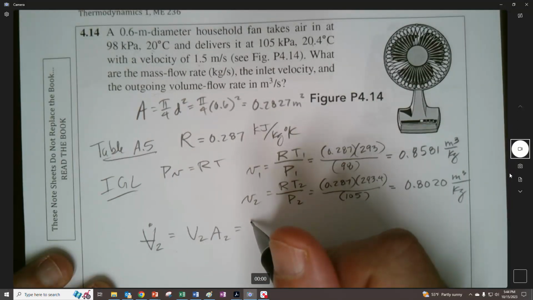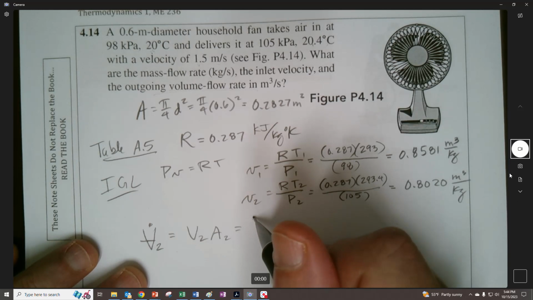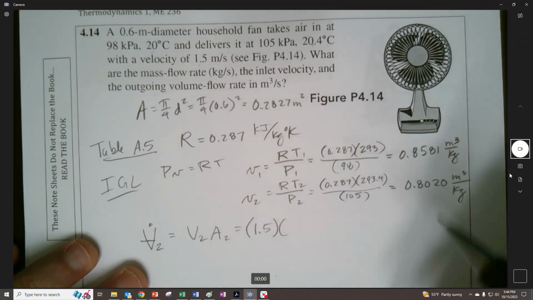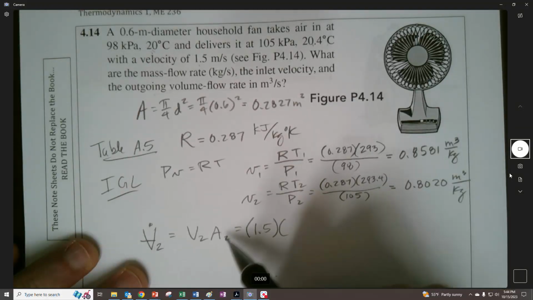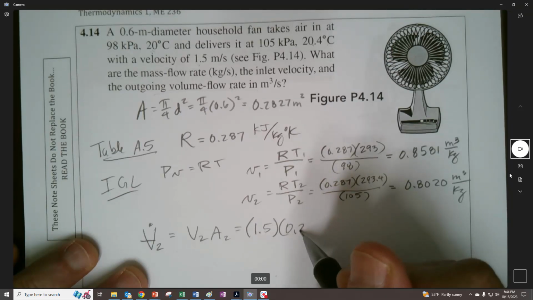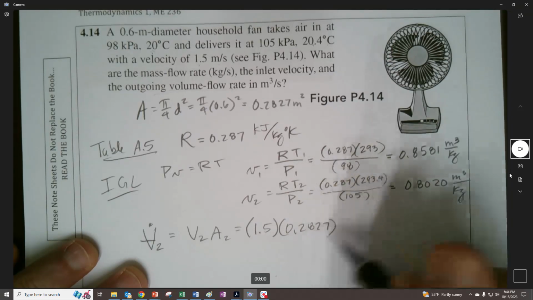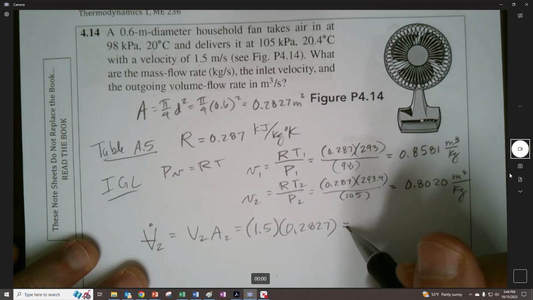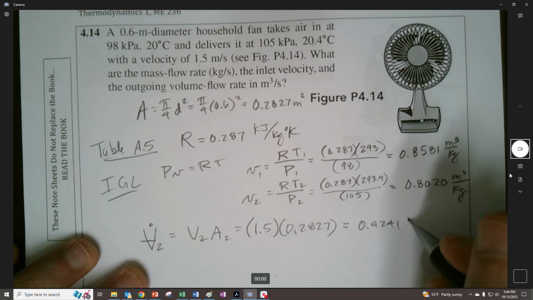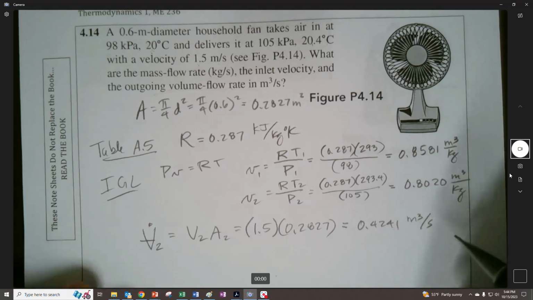So you get 1.5 meters per second times the area, 0.2827. So from that, we get 0.4241 cubic meters per second.